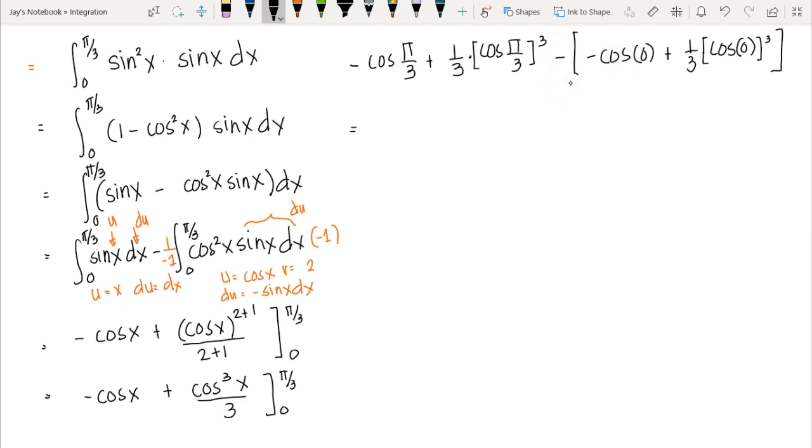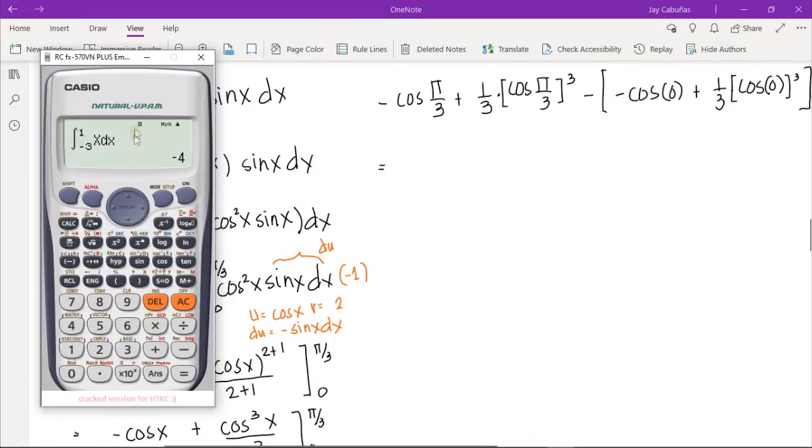Now, while using your calculator, make sure that our angle is in radian. So how are we going to check? If you have your calculator, make sure that in the upper screen of your calculator, it indicates the letter R. That means your angular unit is in radian.